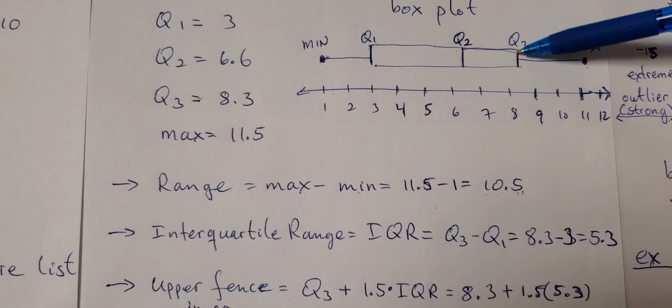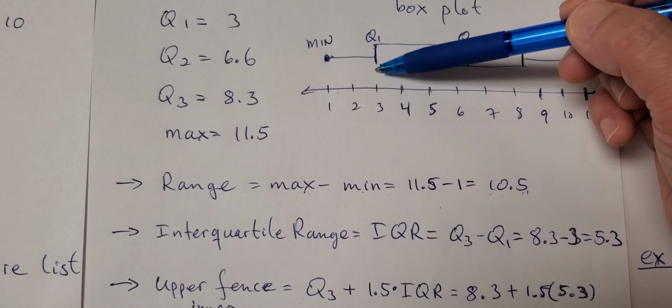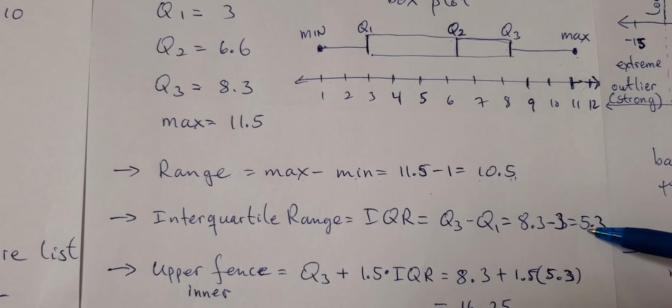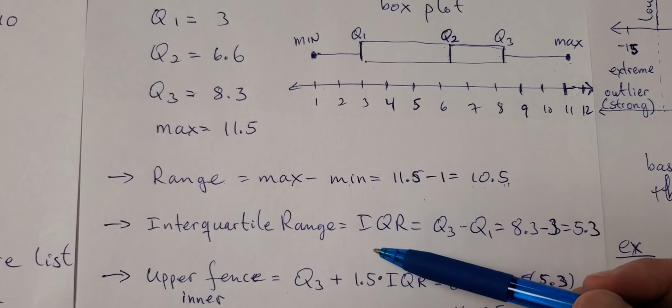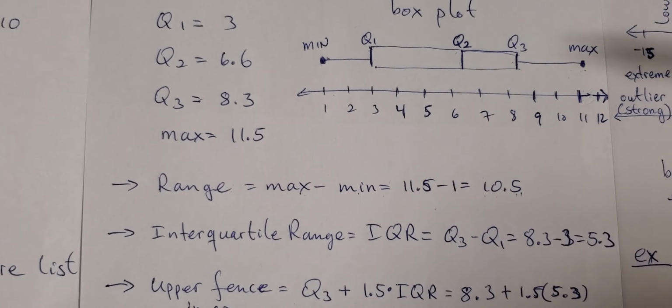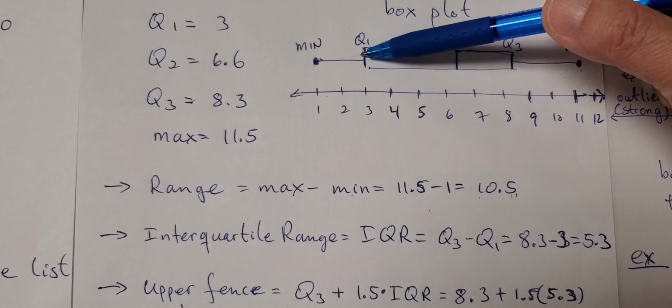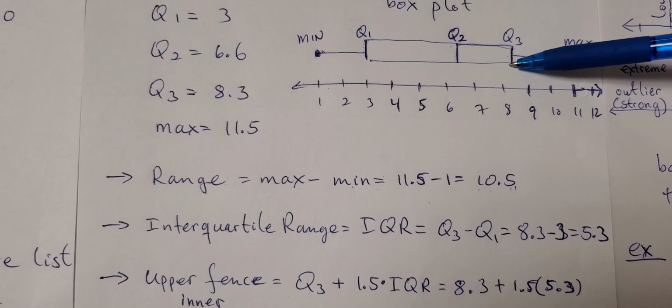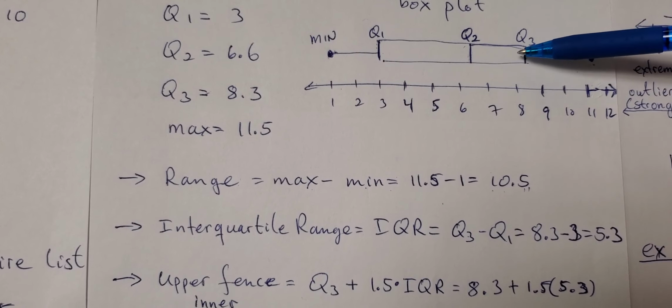So here is the biggest quartile, here's the smallest quartile. So 8.3 subtract 3, so IQR is 5.3. So where is IQR? IQR is from here, Q1, all the way to Q3. From here to here, it is 5.3.